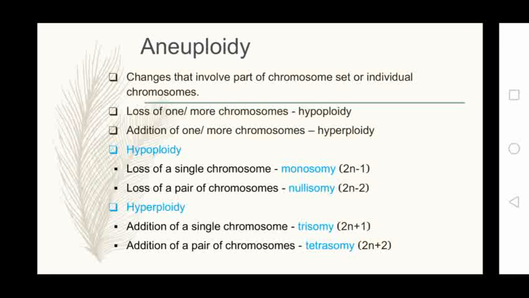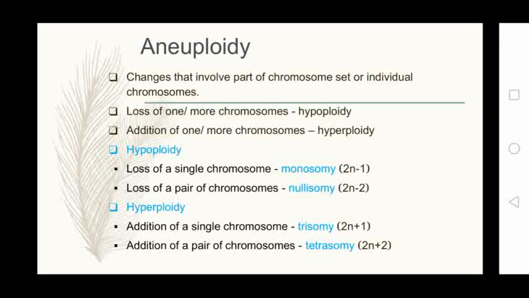So moving on to aneuploidy. Aneuploidy involves changes that occur in part of the chromosome set or individual chromosomes. Here the entire chromosomal set is not affected. Changes occur only to a single chromosome or part of chromosomes. So one or two chromosomes may get deleted or something like that during aneuploidy.